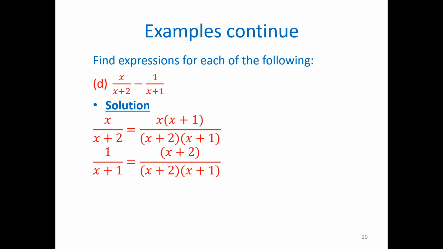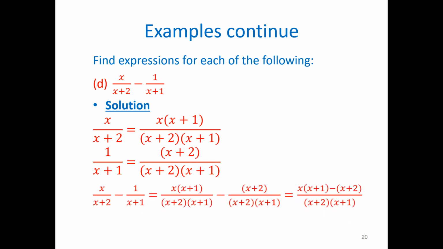So I got x plus 2 from the denominator of the first fraction. Now, if you look at the two new fractions here, they have the same denominators. See, x plus 2 in brackets and x plus 1 in brackets. So the subtraction of these two original fractions is equivalent to the subtraction of these two new fractions.